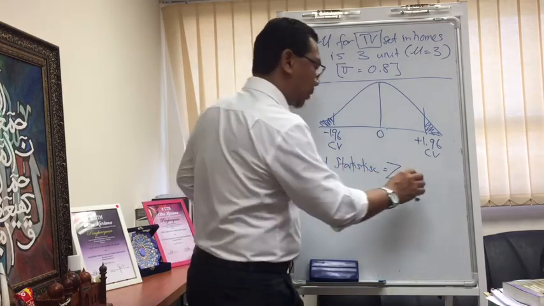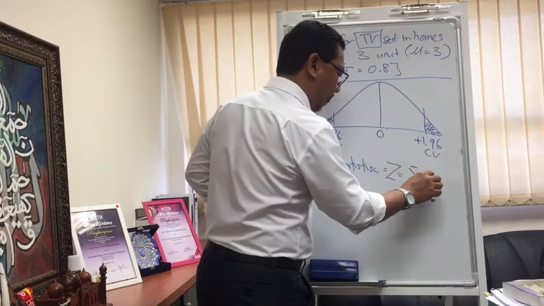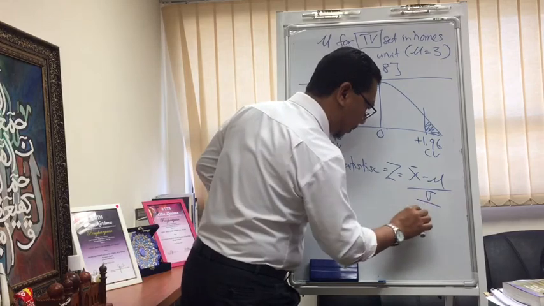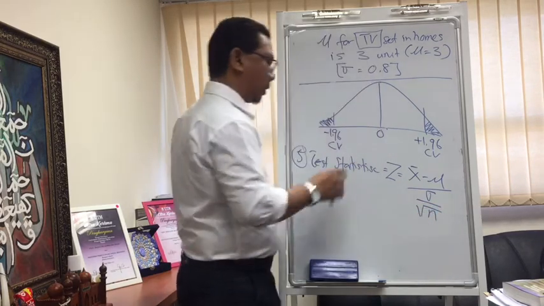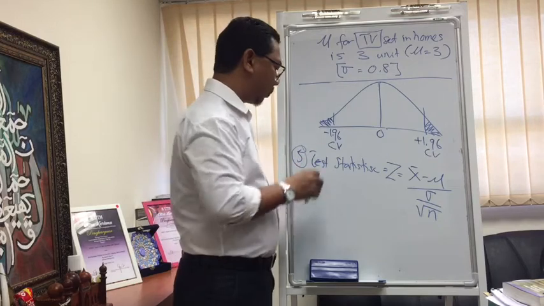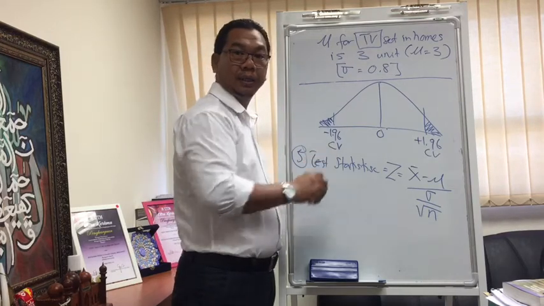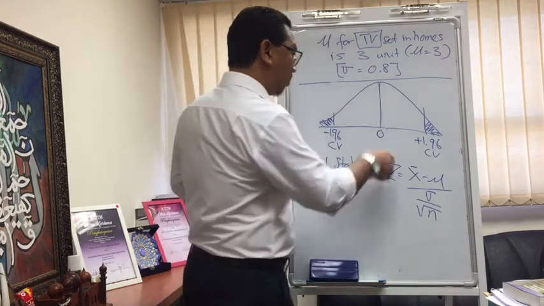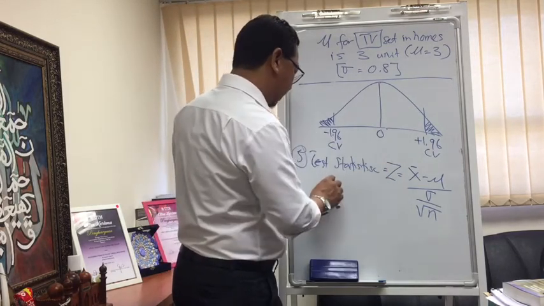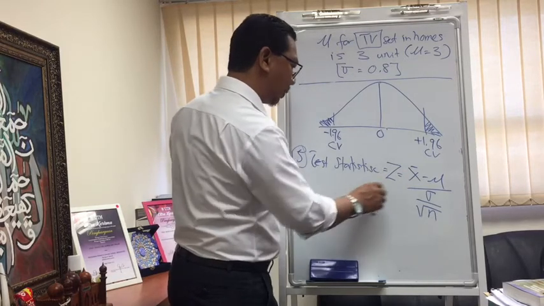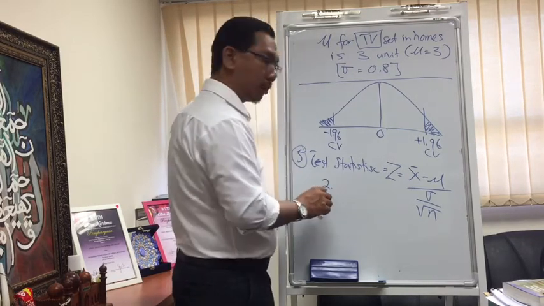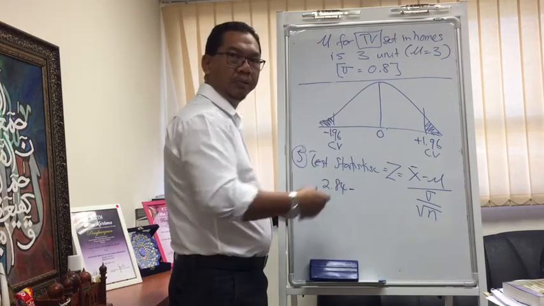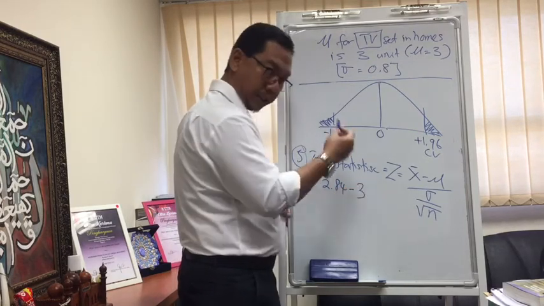This is the formula for the test statistic for the Z value. For example, based on the sample given, x bar is 2.84, minus the mean value 3 TV sets.